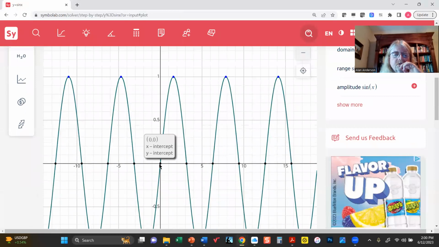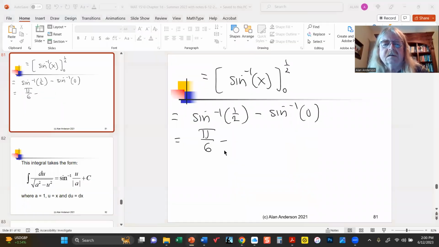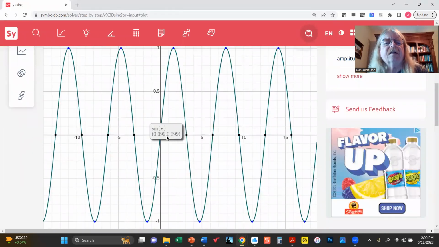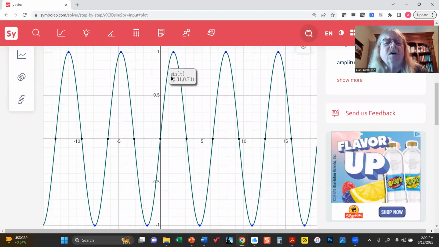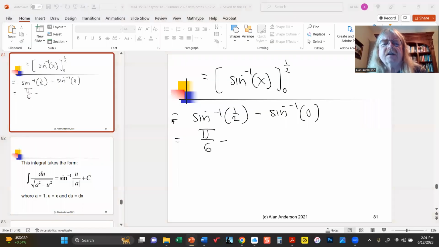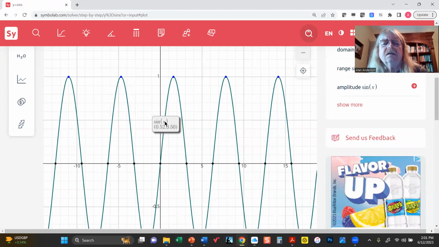Yeah, it's 0. And at 1/2, it's over here somewhere. It's hard to tell by looking at this graph. But see, the sine of pi over 2, which is 90 degrees, is 1, but 1/2 is sort of in here somewhere. Oh, look at this. I think that's it right there, because pi over 6 is approximately 0.52.